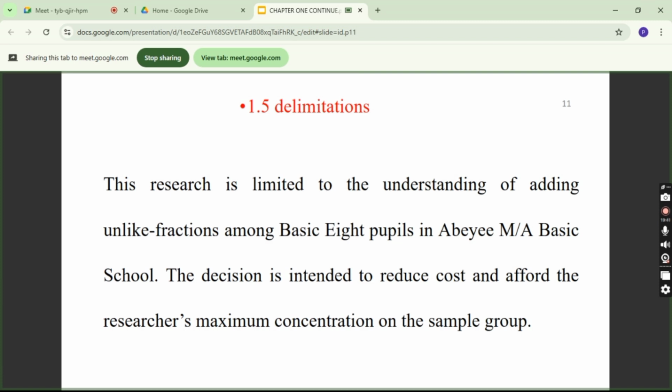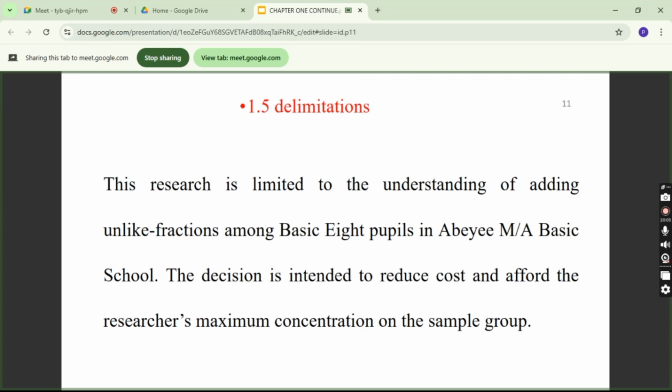It must focus on your topic. So here I said the research is limited to understanding of online fraction among basic 8 pupils in Abeyi MA Basic School. So here I am limiting myself to the geographical context, that is the Abeyi MA Basic School. I'm limiting myself to the class that I chose, that's the basic 8 pupils. I'm limiting myself to online fraction, that's the topic that I'm dealing with.